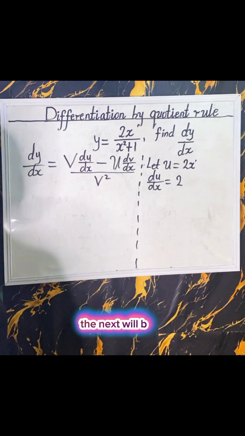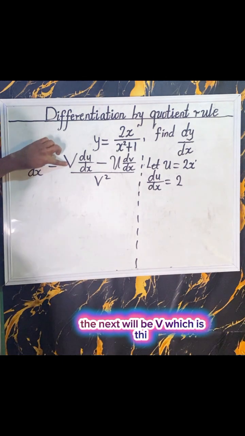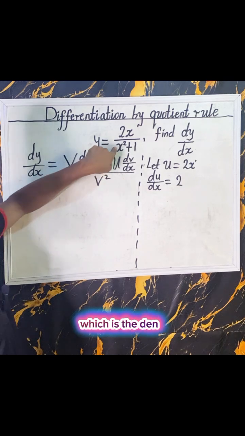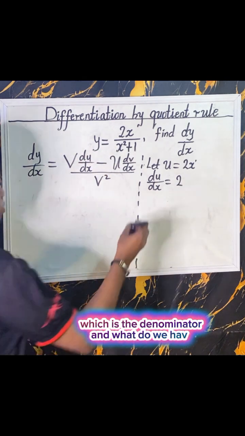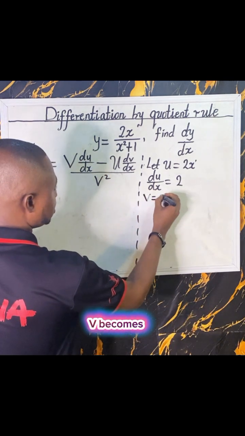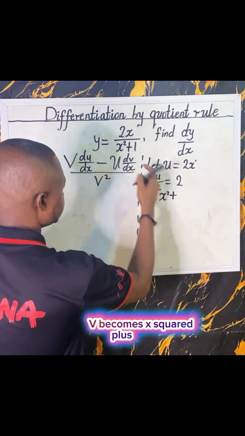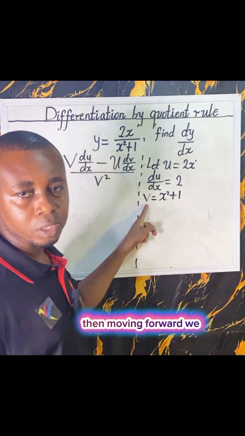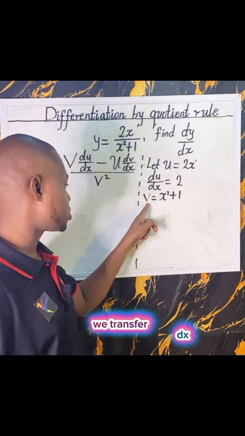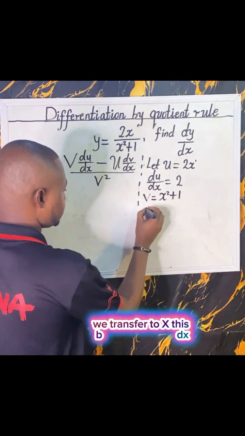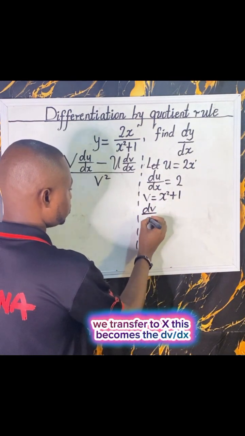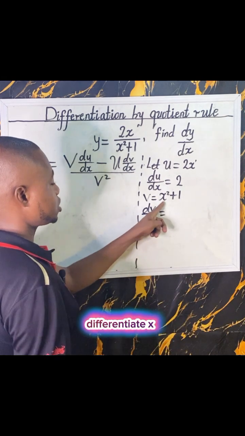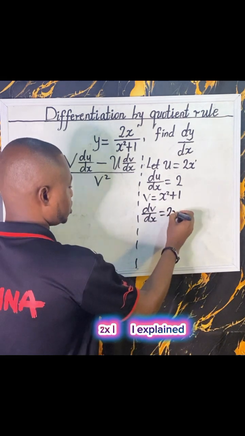The next will be v, which is this. So v will be equal to the divisor, which is the denominator. And what we have, v becomes x squared plus 1. Then moving forward, we differentiate v with respect to x. This becomes dv over dx. Differentiate x squared, you get what? 2x.